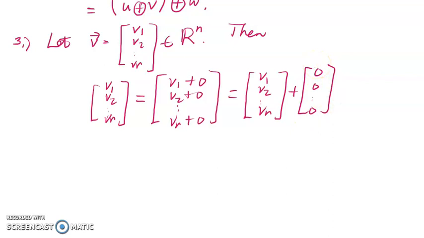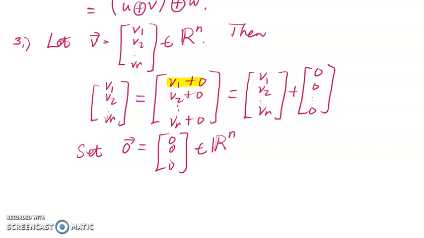So this is what we saw. So set the 0 vector equal to this one. And this is an element of Rn because these 0s are in the real numbers. Again, let me emphasize, this property here is true because this 0 is the usual 0 in the set of real numbers.